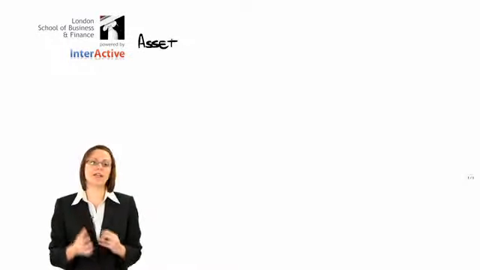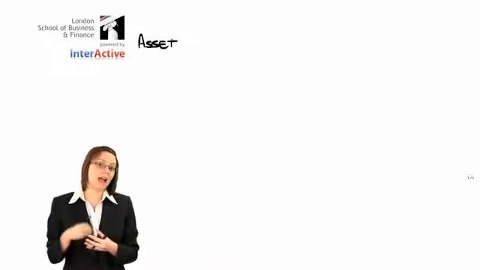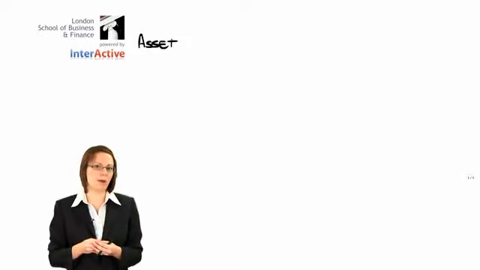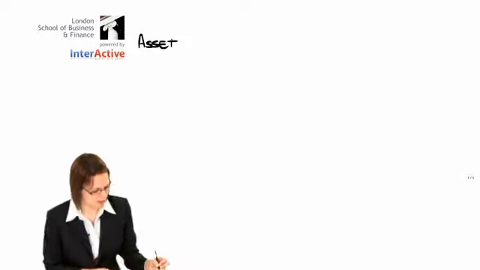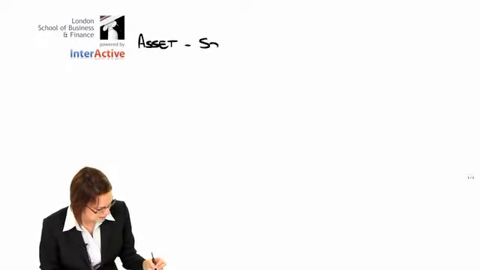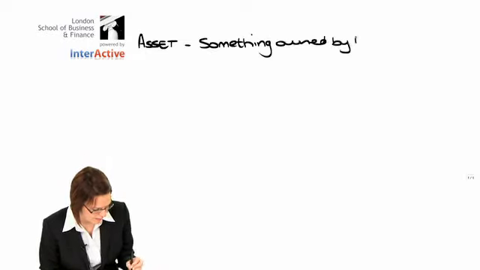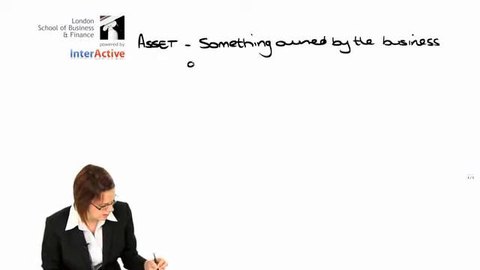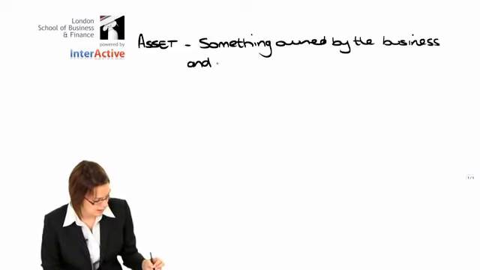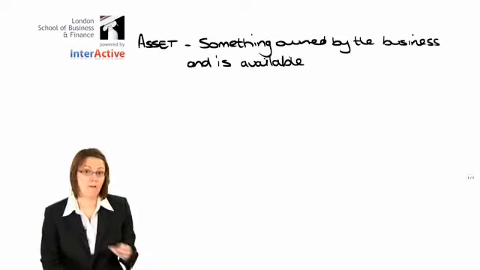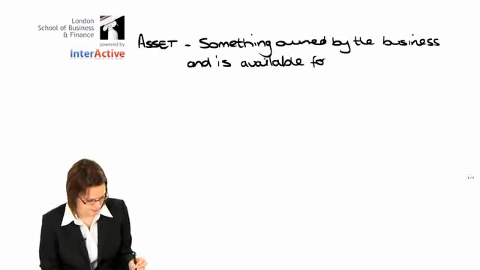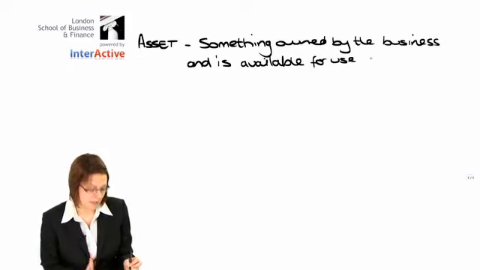Now, an asset is something owned by the business and is also available for use by the business as well. So, an asset: something owned by the business and is available for use by the business.